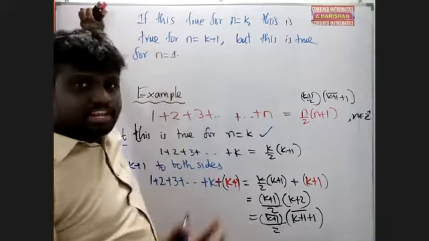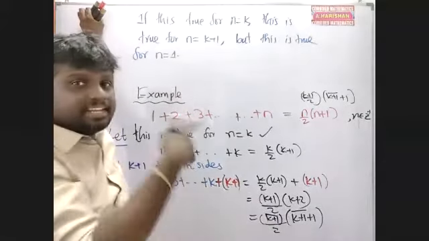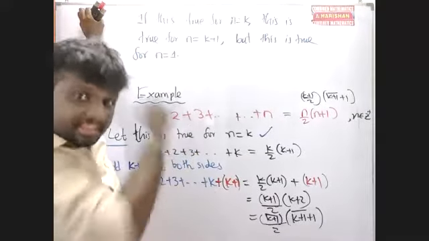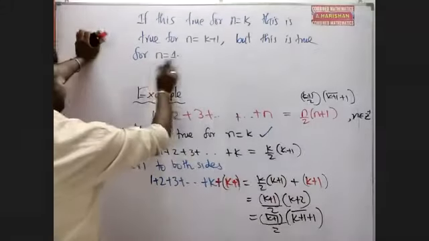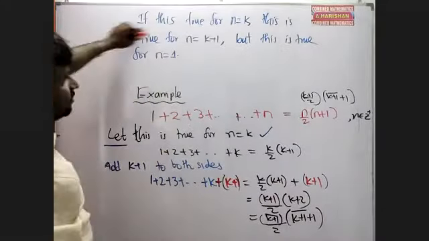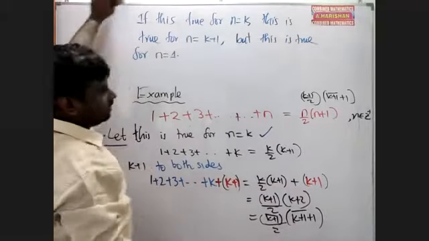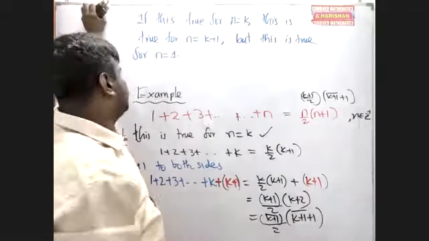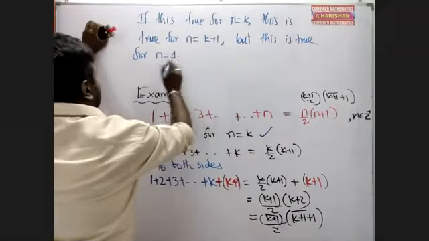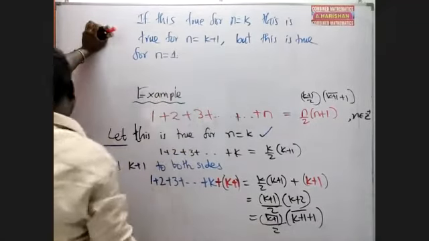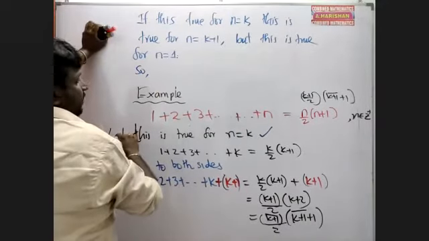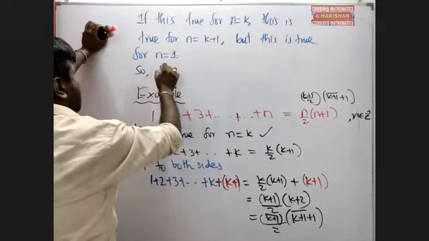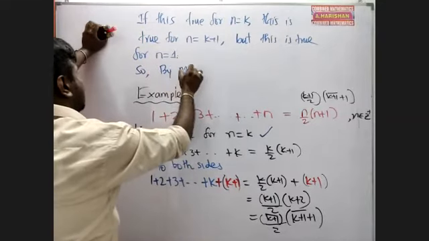But this is true for n equals 1 also. Then we prove that consecutive books are falling and the first book also falls, then the entire row will fall. So here you have to write, if this is true for n equals k, this is true for n equals k plus 1. But this is true for n equals 1. Right? Okay, so this is very important. By mathematical induction.